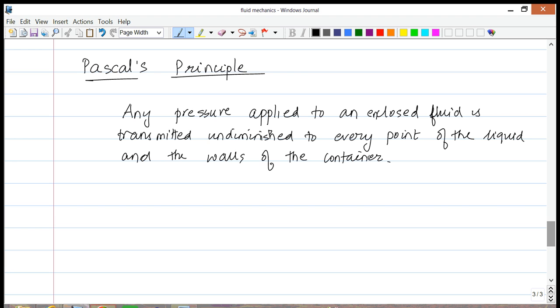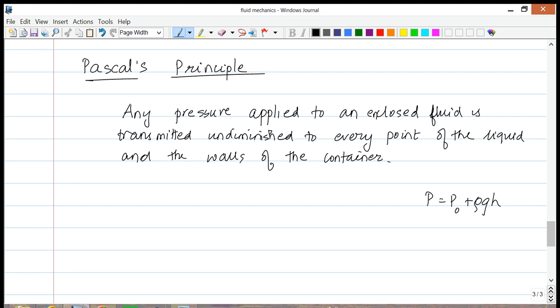Okay, so if you look at just that example of when we obtained the expression P equals P0 plus rho gh, we actually use this simple idea. We said that even though you were at some depth h below the liquid, the atmospheric pressure did play a role in obtaining the absolute pressure, and that pressure would be fixed throughout the liquid.